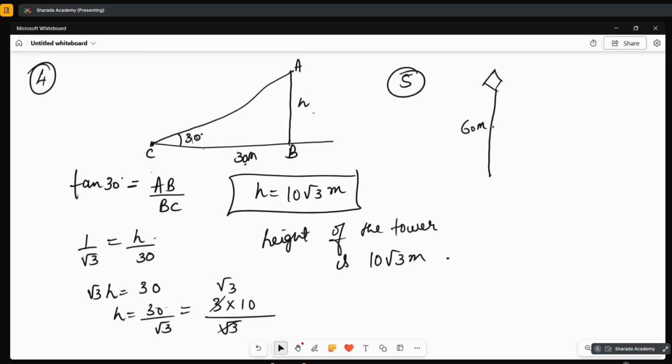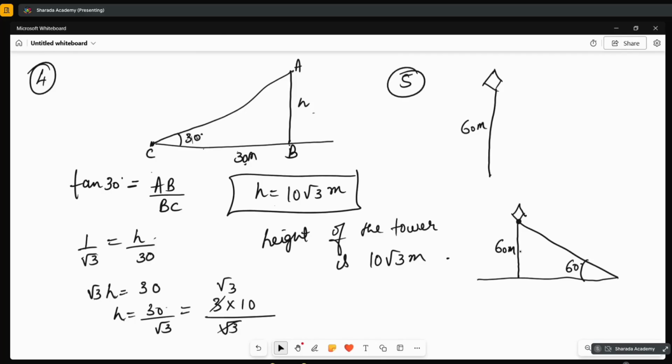The inclination of the string with the ground is 60 degrees. That means it is tied like this. This is the point of the kite and it is making an inclination of 60 degrees. And the height of the kite from the ground is 60 meters.